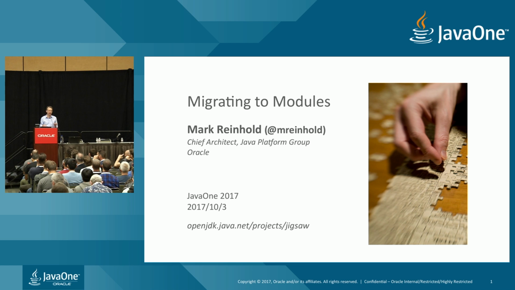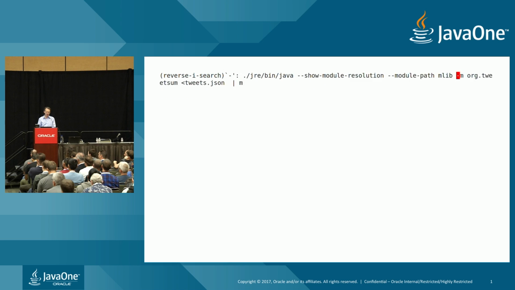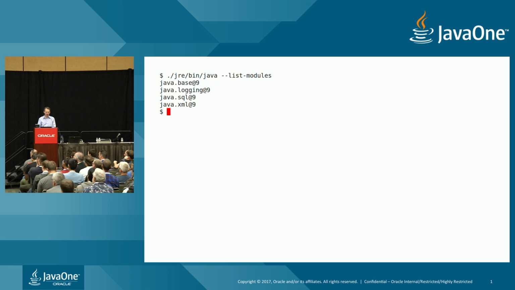The module system will detect conflicts. If you have two modular jar files in the same directory on the module path that define modules of the same name, the module system will just stop and say it doesn't know how to make this choice, so you have to remove one of them or fix the problem. Compiled modules can have version information in them. If I list modules, you see this @9.